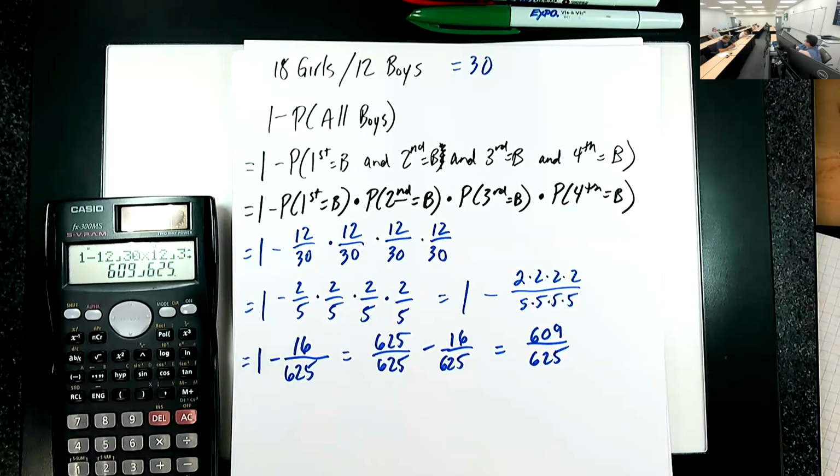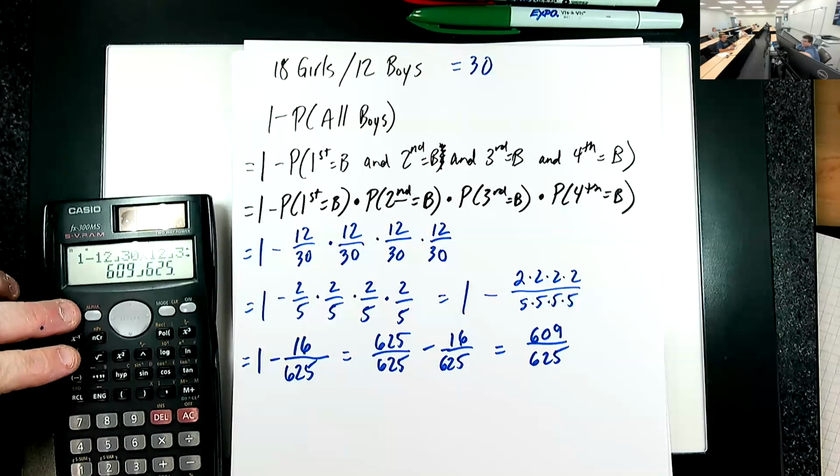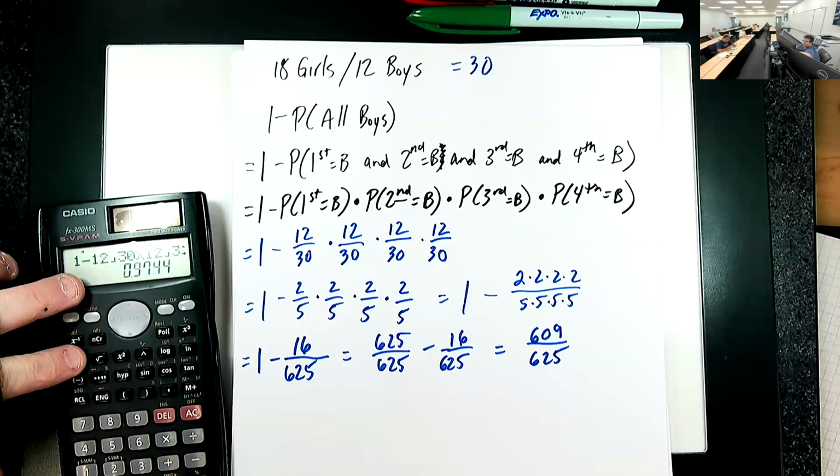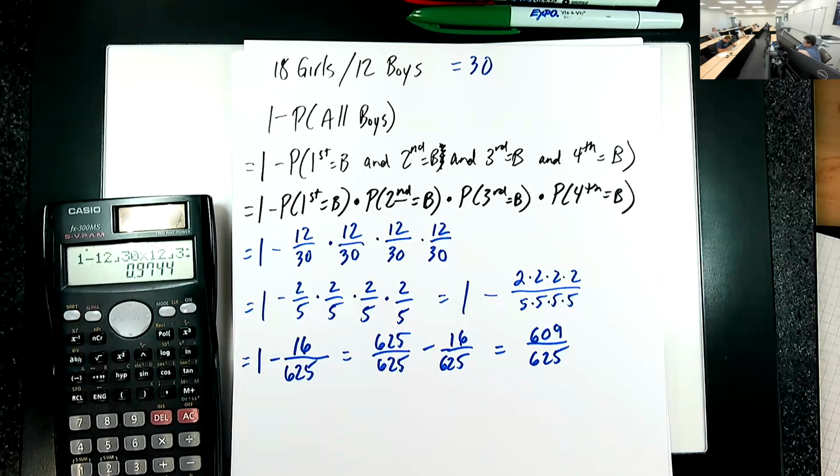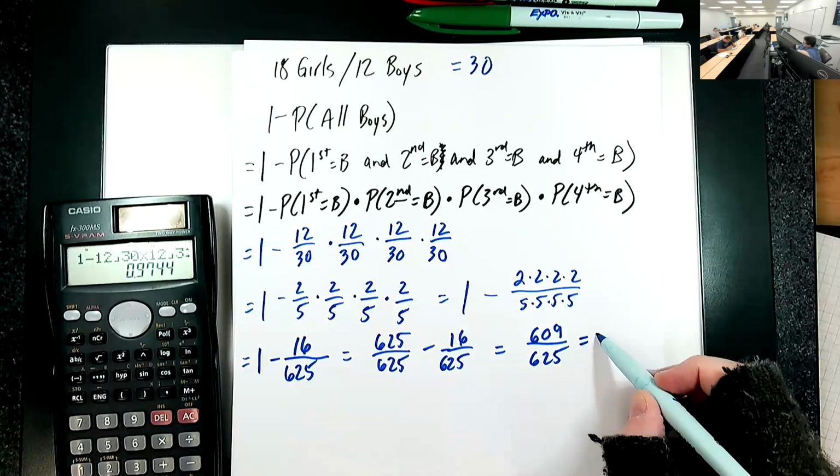And it's giving me 609 over 625. How do I turn that to a decimal? I just hit the button. That's convenient. As a decimal, this is 0.9744.